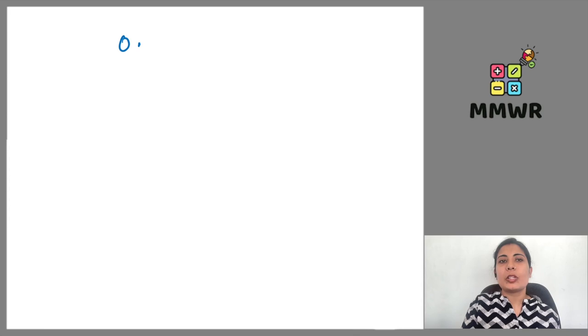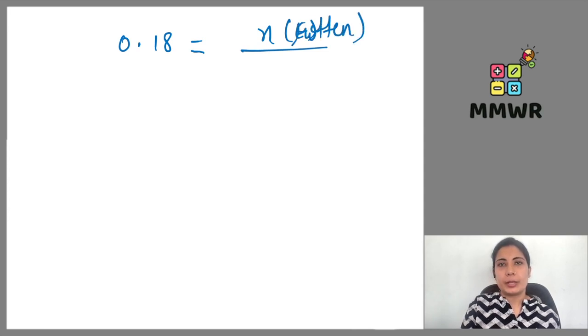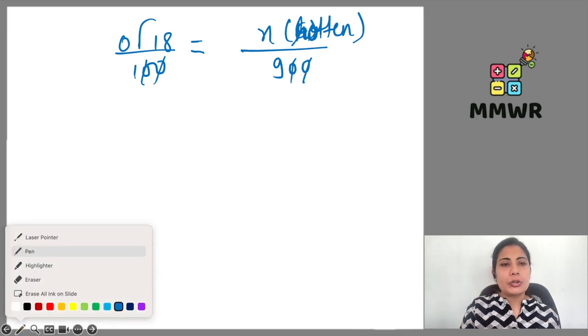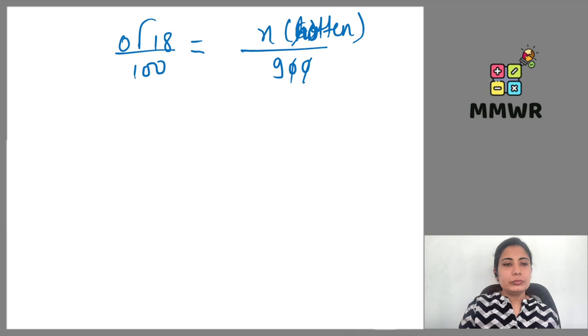Probability of rotten apple is 0.18, equals number of rotten apples, we don't know how many, upon total apples, 900 apples are there. This can be easily simplified. 0.18 can be written as 18 upon 100. So 0 will get cancelled out, or else we can do the cut short this way also.